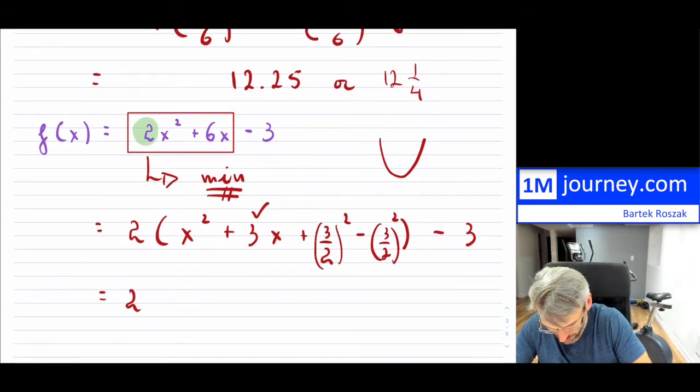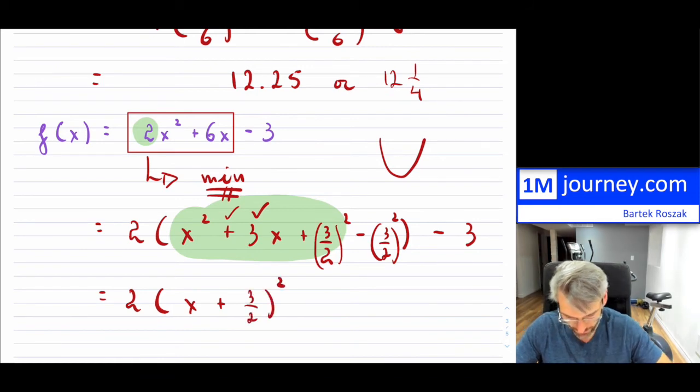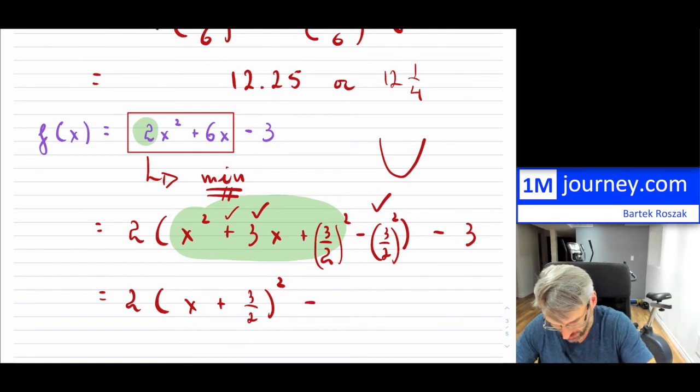This will give me 2. And now from the completion of the square, right from here, this is a perfect square. What we have is x, positive, and then 3/2 squared. Now this term right here is minus. Let's not forget the 2, which will multiply that.